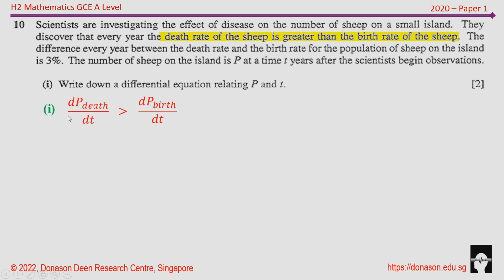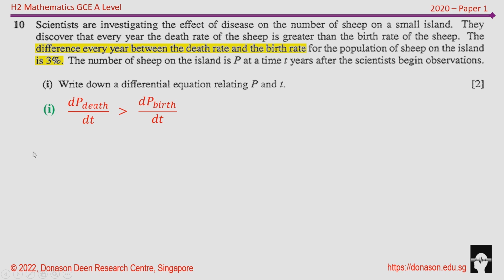It's the death rate of the population of the sheep. dP death means population dying. Okay, rate, so we divide with respect to time. This is greater than the birth rate, dP birth over dt.